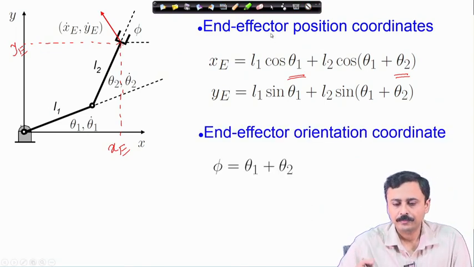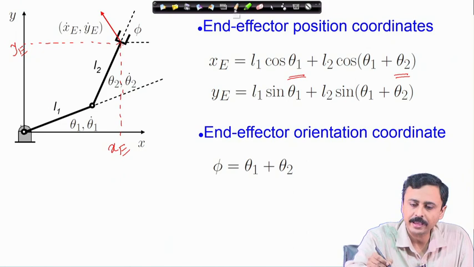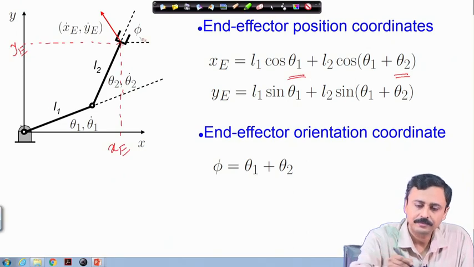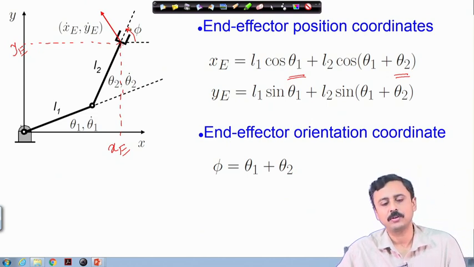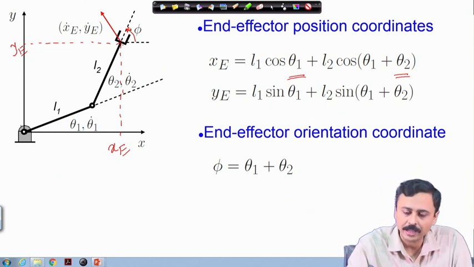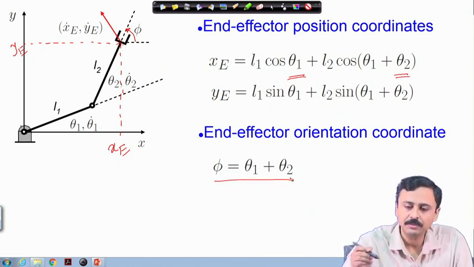Now, if you look at this angle phi, which is the orientation of the end effector, that can be written as theta 1 plus theta 2.